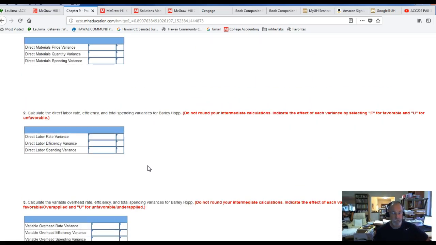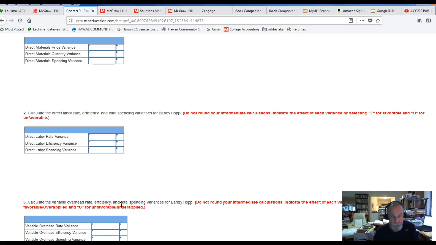And so if we refer to our text on those pages and look at those exhibits that I mentioned in the beginning of this video, we would focus on Exhibit 9.6 for our direct material price and quantity variance, and Exhibit 9.7 for our direct labor rate and efficiency variance.